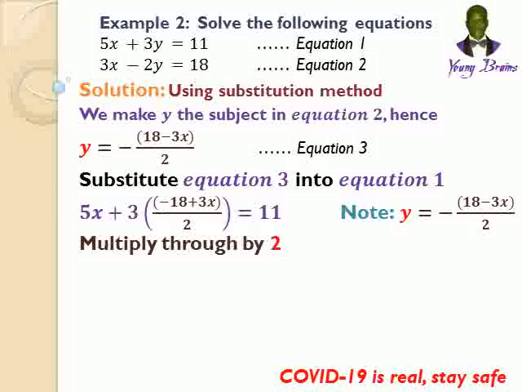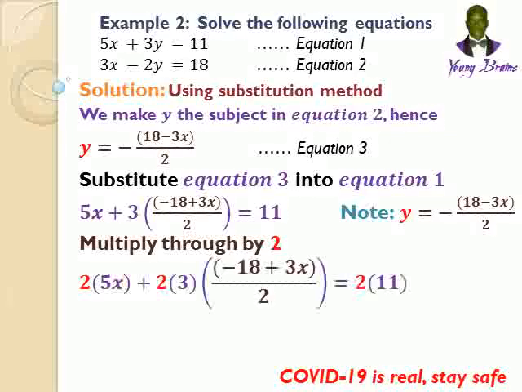So we multiply each term by 2. That is 2 times 5x plus 2 times 3 into minus (18 plus 3x) divided by 2 equals 2 times 11. This gives us 10x plus 3 into minus (18 plus 3x) equals 22.